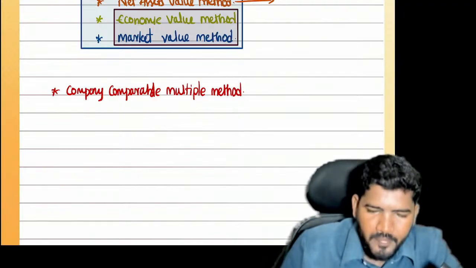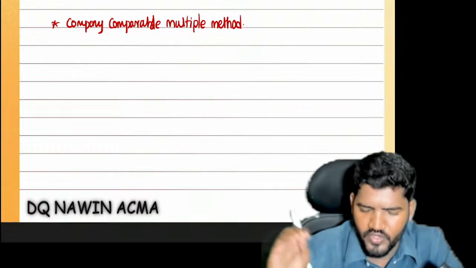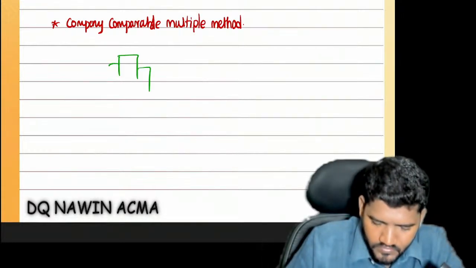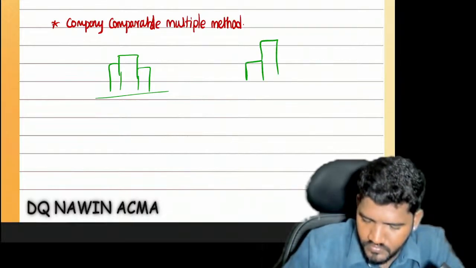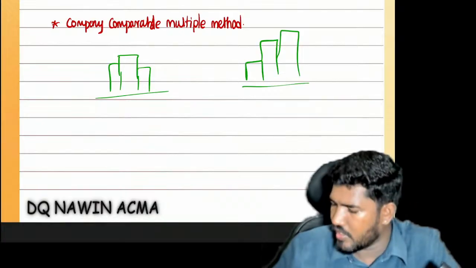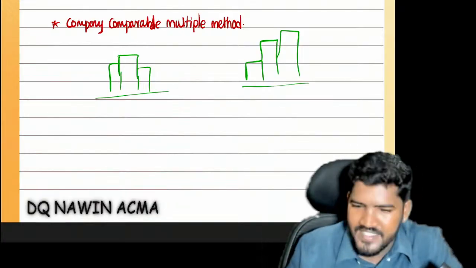When it comes to the company comparable multiple method, just understand this basic thing and you can easily answer. These are the two companies. Two companies are doing the same business.